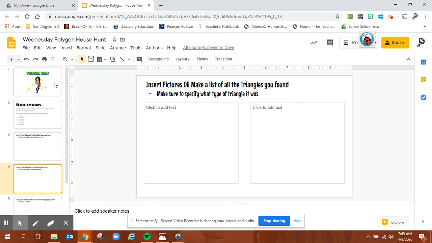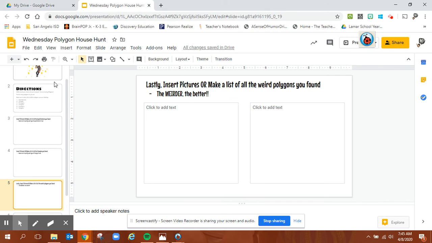The next slide talks about triangles, so you're going to do the same thing. You're going to walk around your house, see if you can find any triangles, and then you're going to write down what it was, okay? Or you can take a picture of it. Make sure you are specifying what kind of triangle it is. Is it an obtuse triangle? Is it an equilateral triangle? Is it a right triangle? Okay?